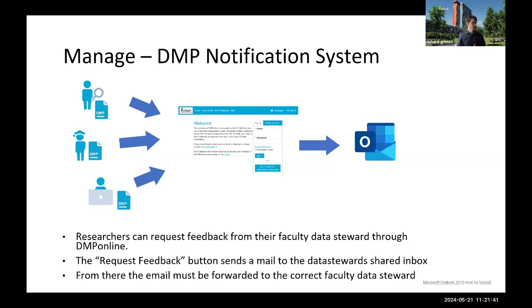So of course, in DMPonline, you can request feedback, and it will send an email notification to the shared inbox. But we want to be able to extend this capability. And so we have developed our own internal notification system, which will allow notifications sent by DMPonline to be distributed to the correct data steward.